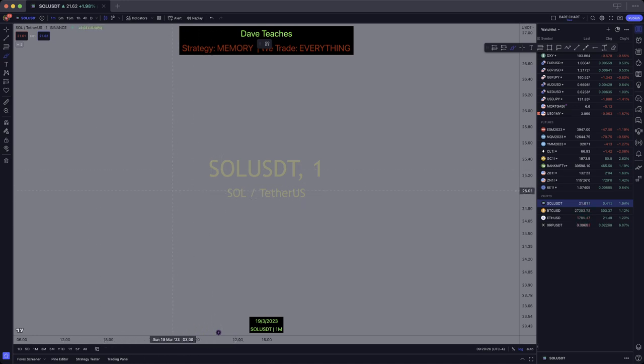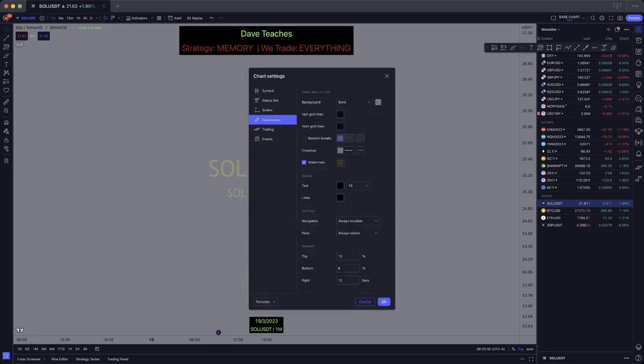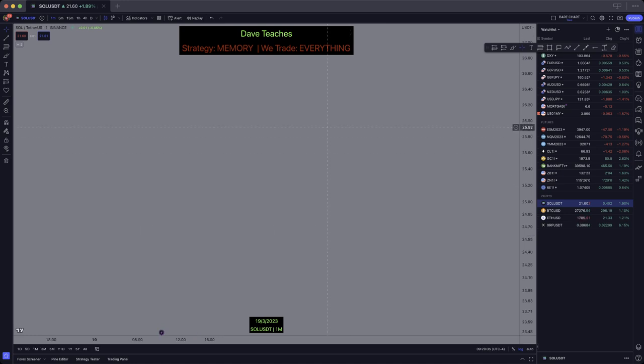So structure. That's what we're looking at. Let me remove this watermark because that can be annoying at times. Structure. Great. So, what do we know about the basics of structure?